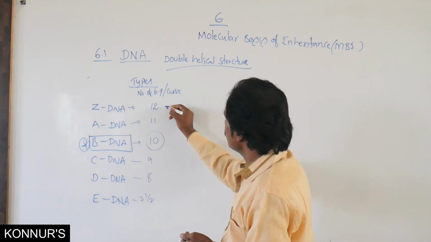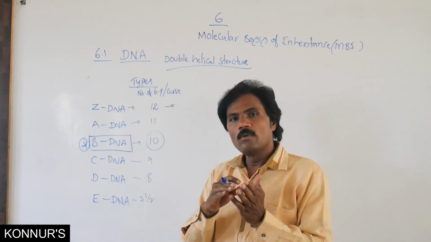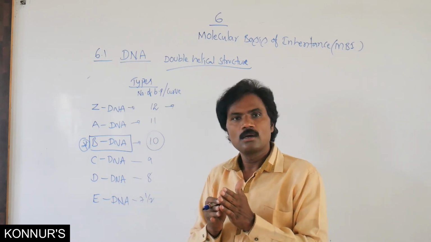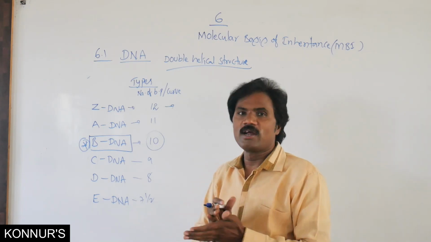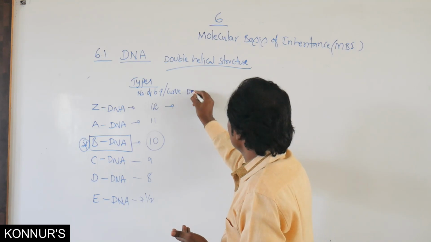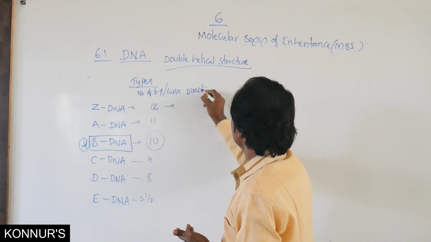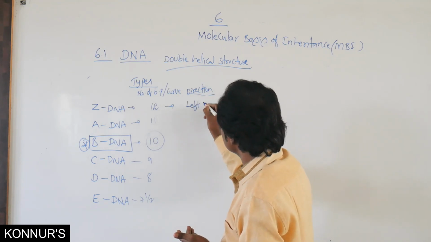Then in this Z DNA, which direction does this double helical strand move, either right-handed or left-handed direction of movement? Which direction? It is only left-handed direction.